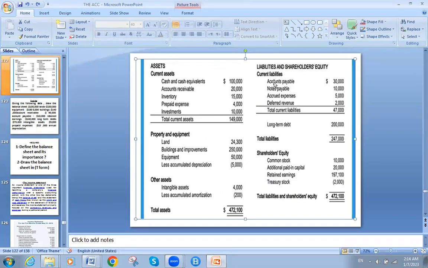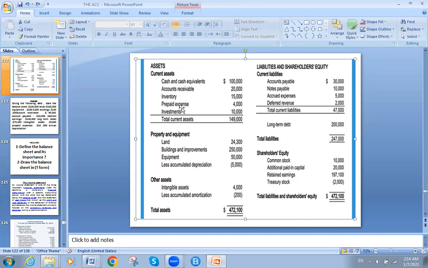The current assets are cash, accounts receivable, inventory, prepaid expenses, investments. Meanwhile, if you have accounts receivable in the assets, then in the liabilities there must be accounts payable. Notes receivable, then here notes payable.